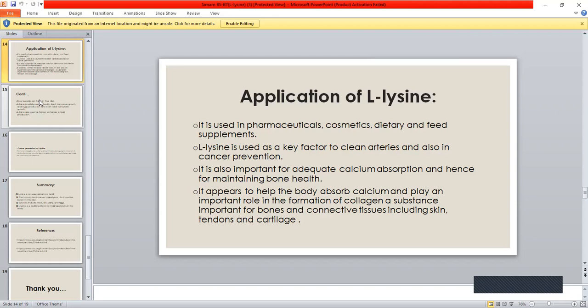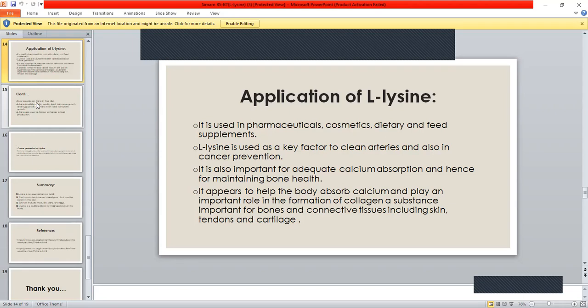Now L-lysine is used in the pharmaceutical industry, where it plays important roles in drugs, and in cosmetics. When we age, wrinkles show on our face and skin, but with the help of lysine these wrinkles are controlled and we look young.